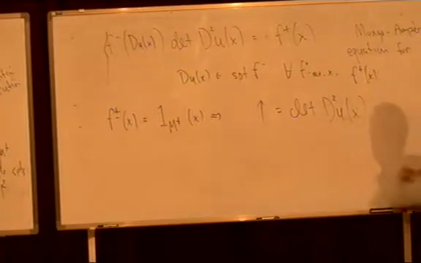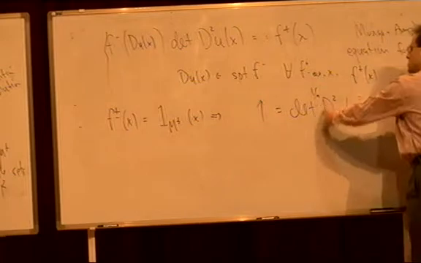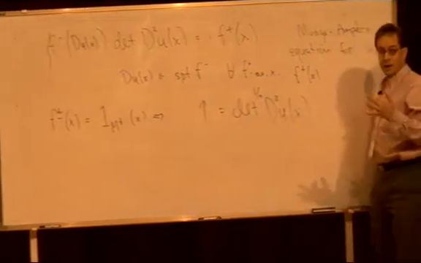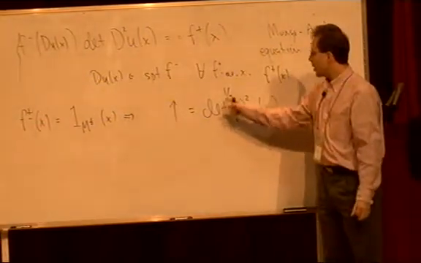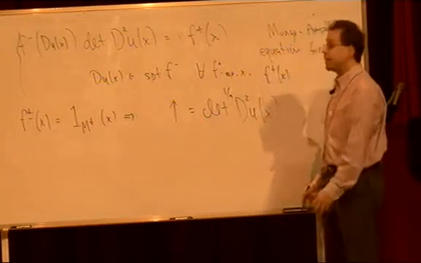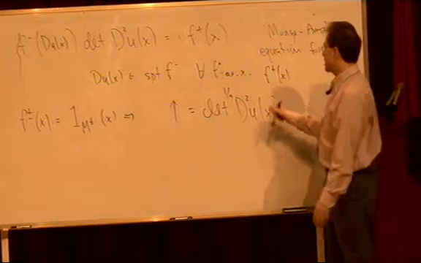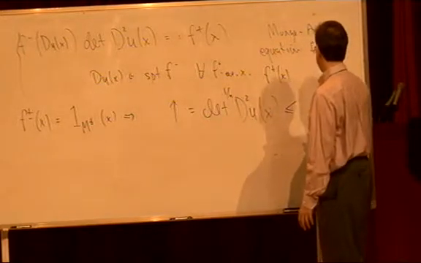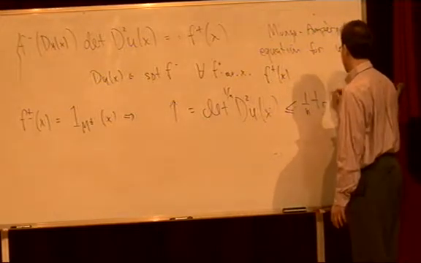And so I can take the nth root. And since u is convex, as I say, this Hessian has non-negative eigenvalues, n of them. And so here I'm looking at the nth root of the product of n real non-negative eigenvalues, and the domination of the geometric by the arithmetic mean tells me that the nth root of the product of those non-negative eigenvalues is less than the average, which is 1 over n, the trace of those eigenvalues.